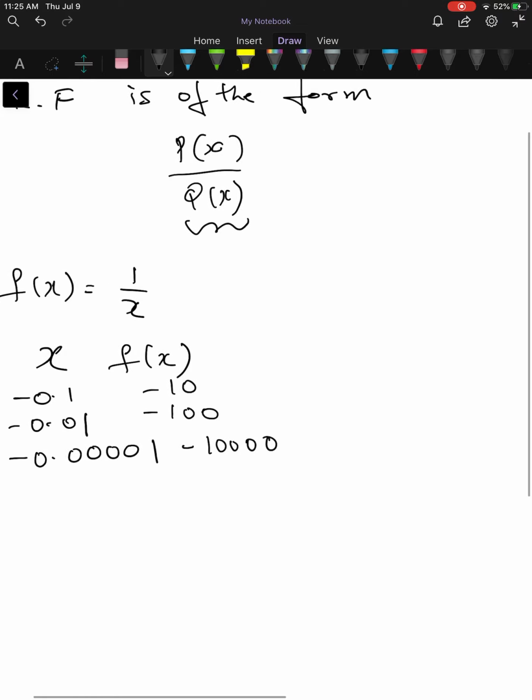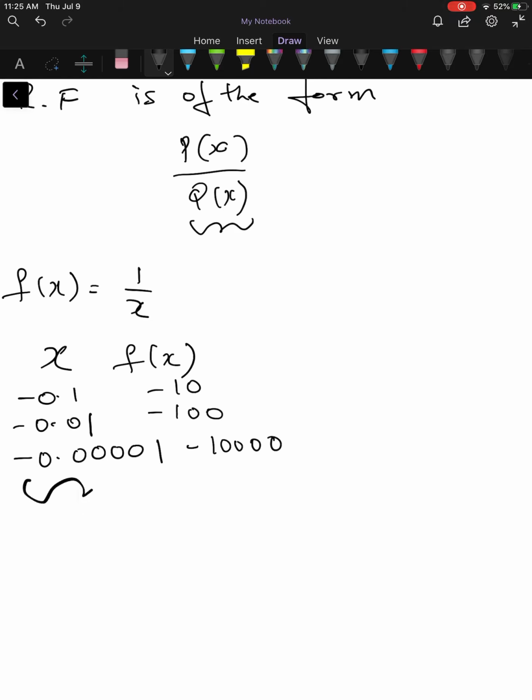This is when the x values approach 0 from the negative side, from negative infinity, approaching 0 from the left side.